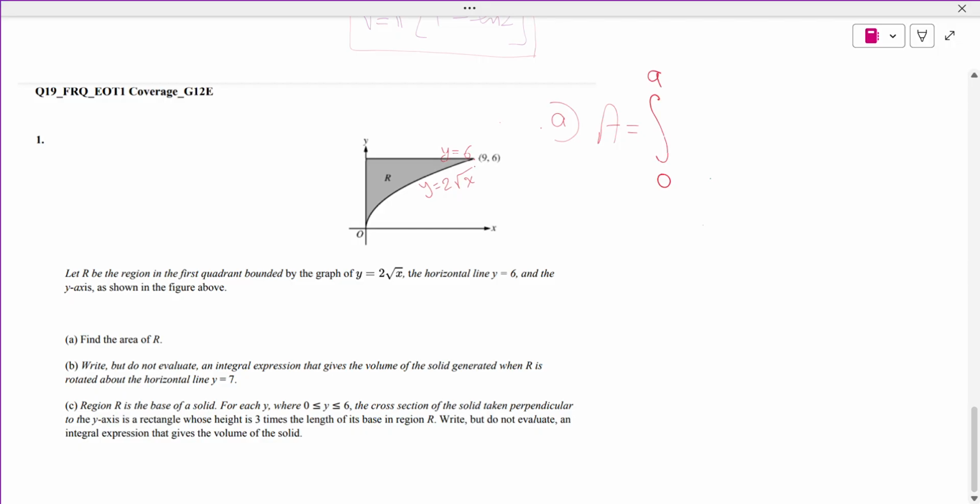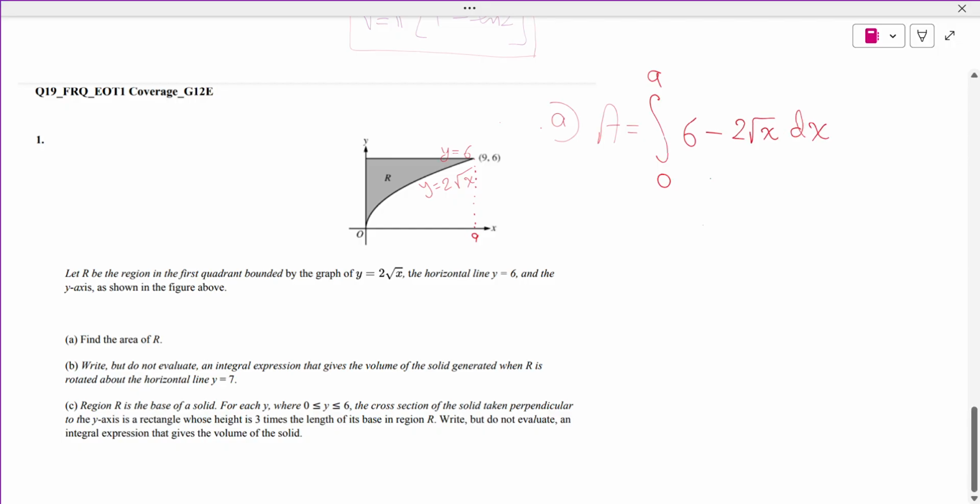This number over here is 9. So the area from 0 to 9 of upper minus lower. What is the upper function? The upper function is 6 minus, what is the lower function? The lower function is 2 square root of x dx.